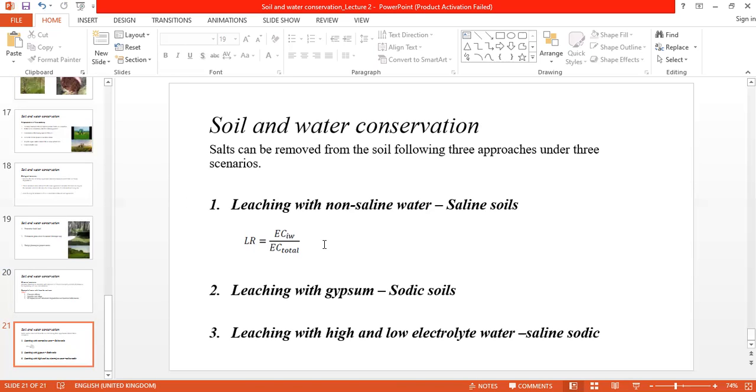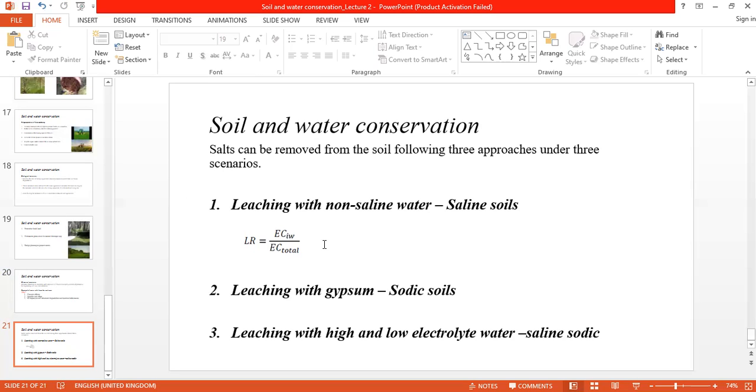Because if you just go straight and put low salt water, what will happen is that it will leach out the other salts first. Then as it leaches out the other salts first, the sodium will go and replace those salts which have been leached out on the soil complex.